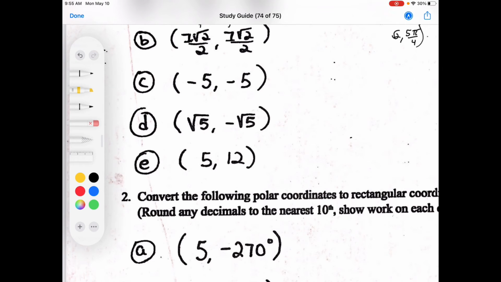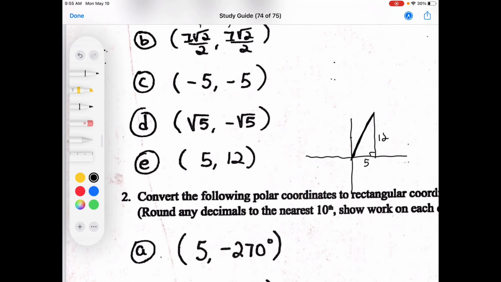E, we are in which quadrant? It's positive, positive, so we're in the first quadrant. We're going right 5 and up 12. We need the hypotenuse, or the radius. This is a right triangle triple.